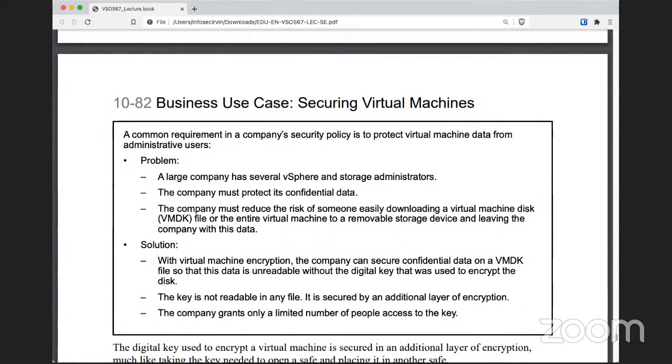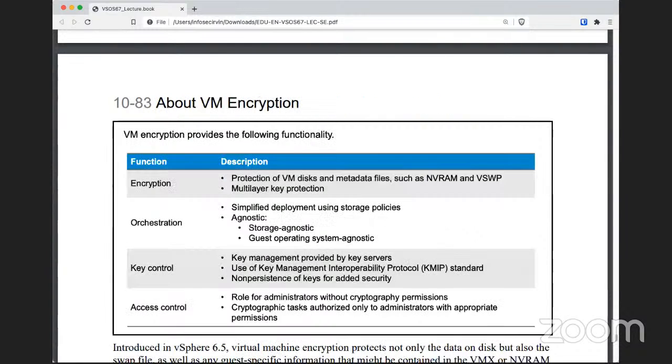Since the sensitive data will be used, processed, computed within virtual machines, it's going to be imperative to ensure that the virtual machines themselves are secured. You can use virtual machine encryption in the following ways.